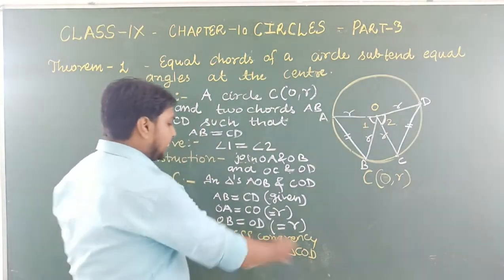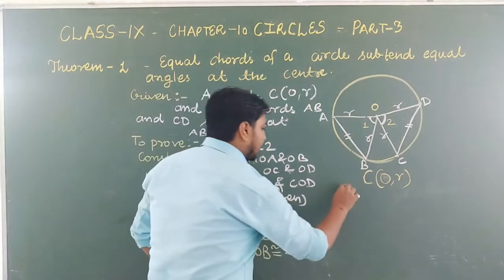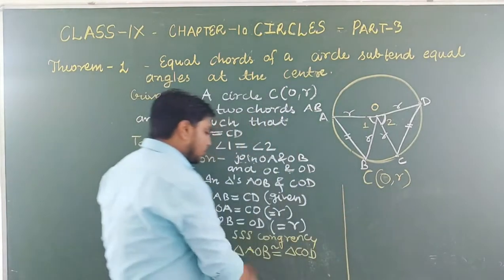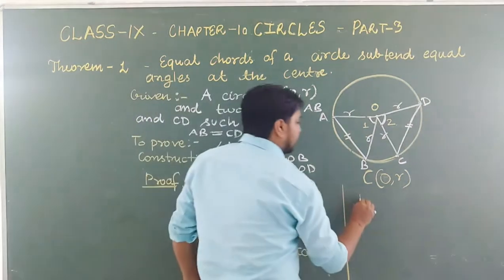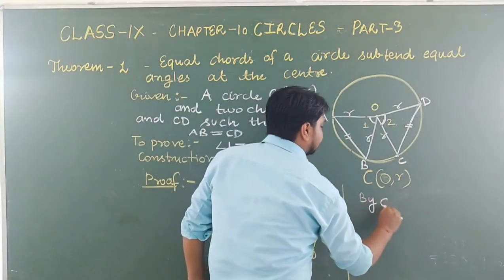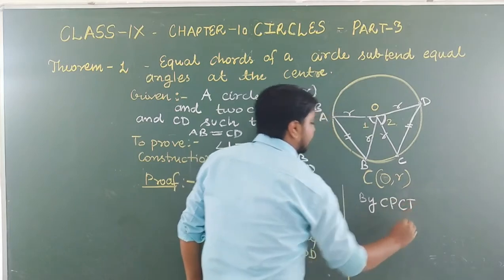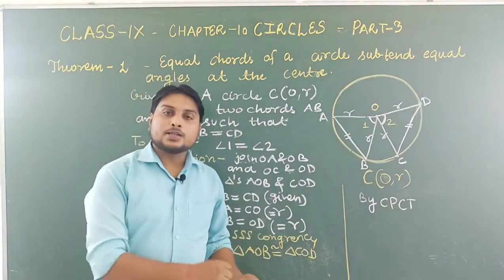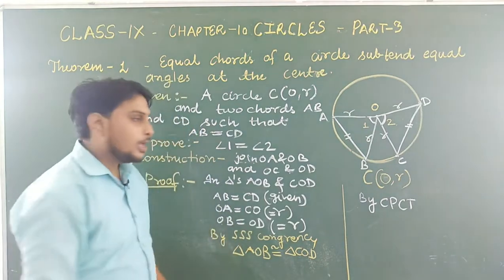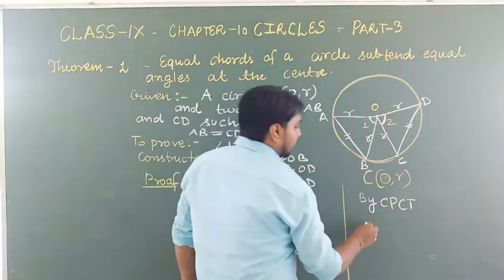If these two triangles are congruent, then obviously you can say that by CPCT, what is CPCT? Corresponding parts of congruent triangles.